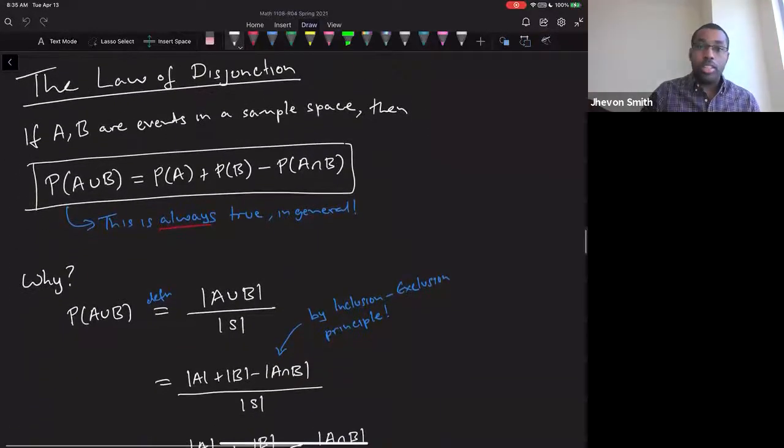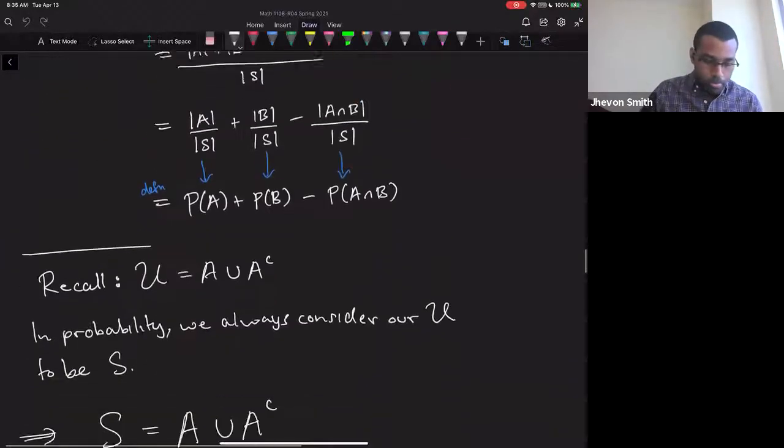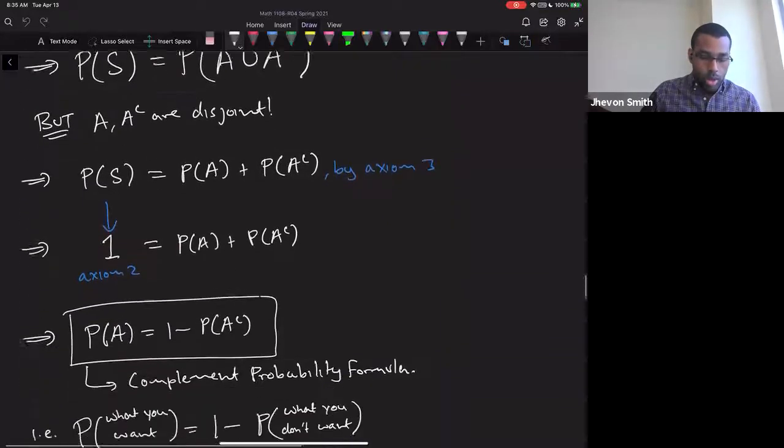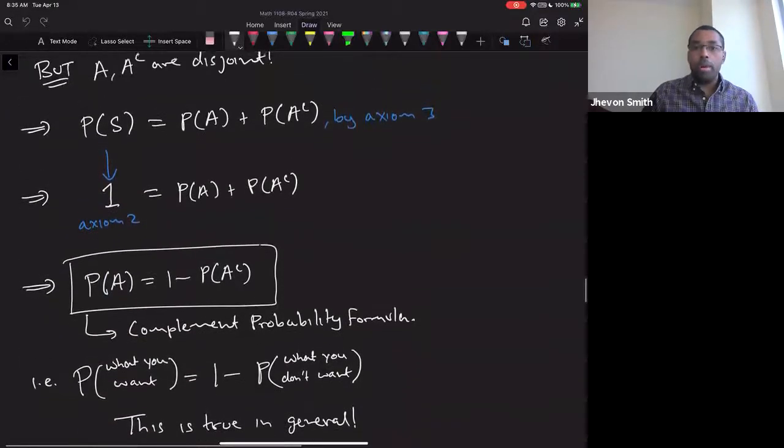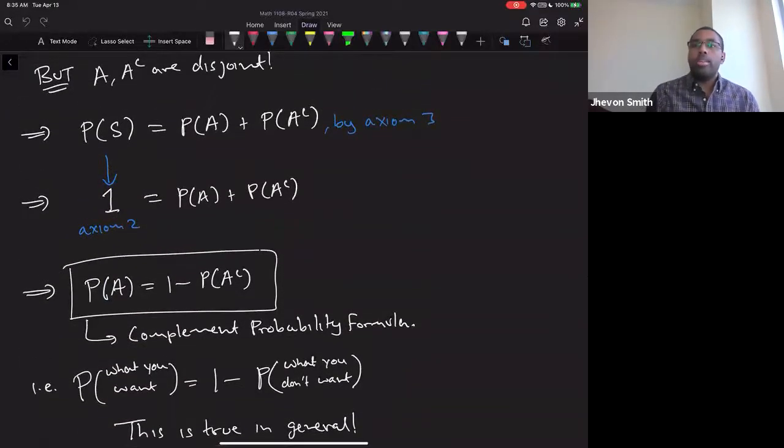We also had the law of disjunction, the probability of how we find a union in general of 2 sets. The formula gets a lot more complicated when you have more than 2 sets. We also defined something called the complement probability. Very important idea in the sense that it can really cut down on the amount of work you have to do.